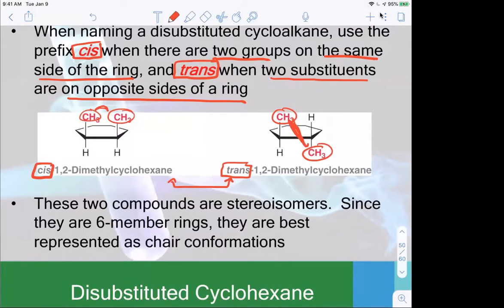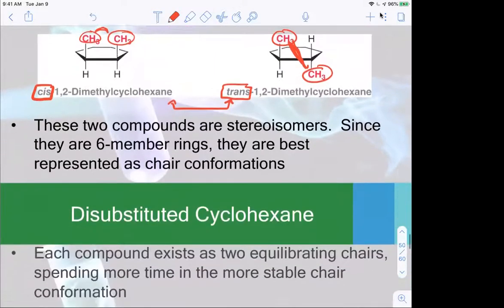These are called stereoisomers, and because they're six-membered rings, they're best represented as chairs. You need to be able to name cyclohexanes where you have this difference, whether the substituents are on the same side or opposite sides. You need to use these prefixes, cis and trans, in your nomenclature when you're naming things that have been specified as to whether the substituents are on the same side or opposite sides.